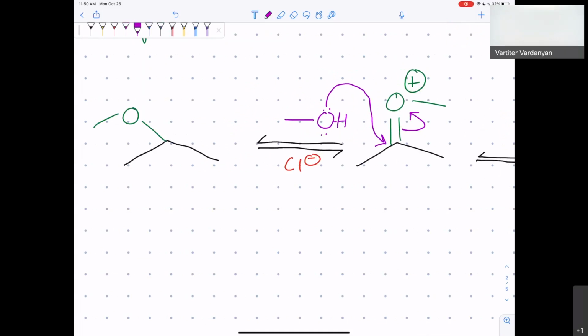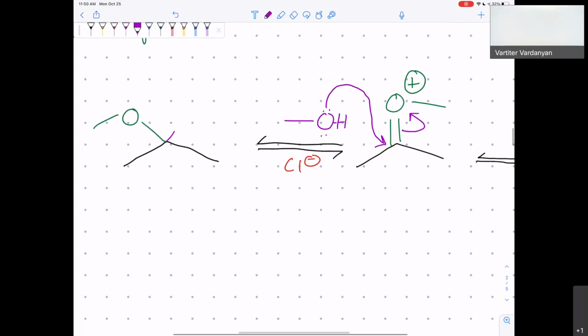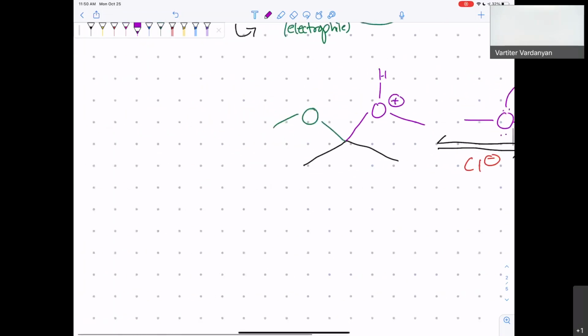The O is the nucleophile, so we attach the O to the carbon. Are we happy? No. Can you even be happy in orgo? Debatable. So we have Cl minus this time. That can just go ahead and deprotonate.